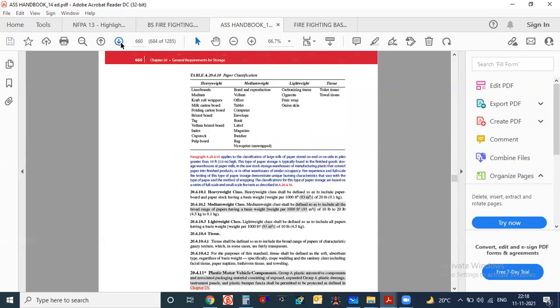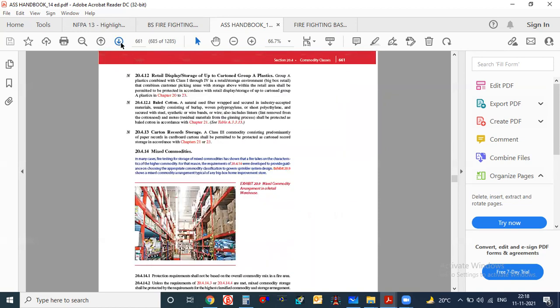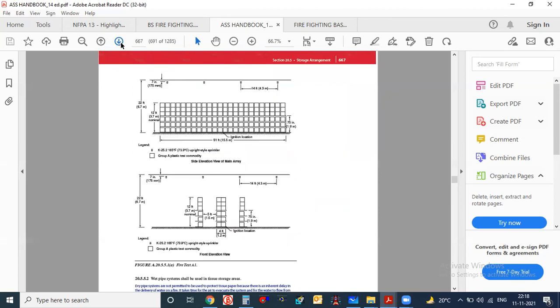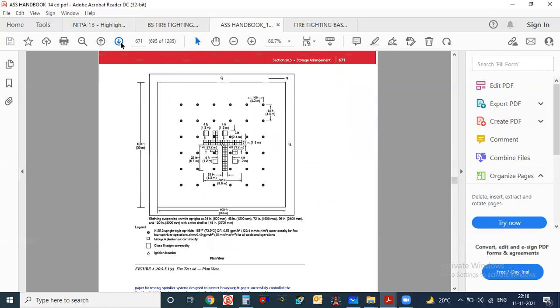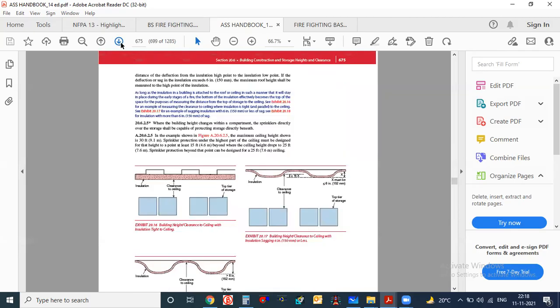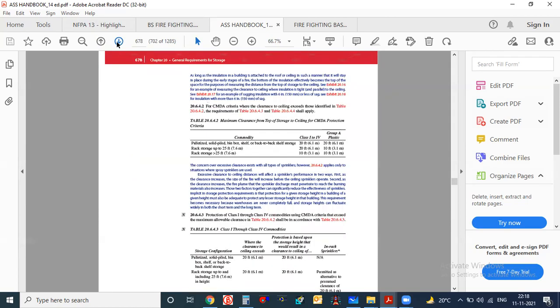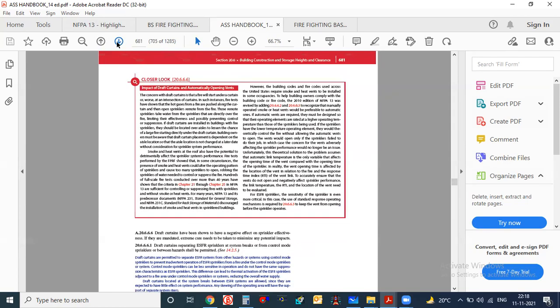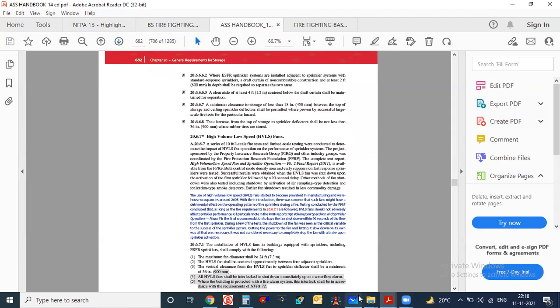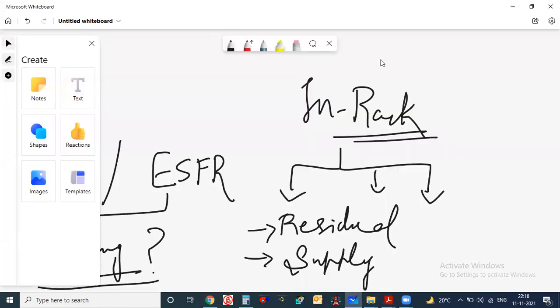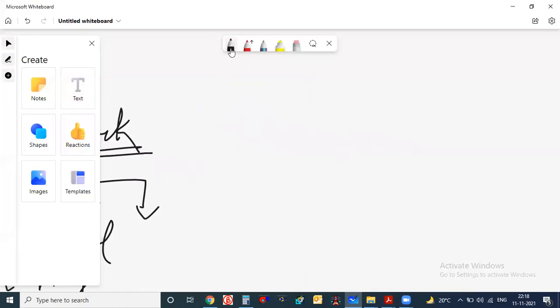Everything is given from NFPA 13 only. You can see this is a very big chapter. So many things, but tables are not given here. Tables are only given in NFPA 13, which you have to follow. Anyhow, I will share it with you, and we will stop here only today.